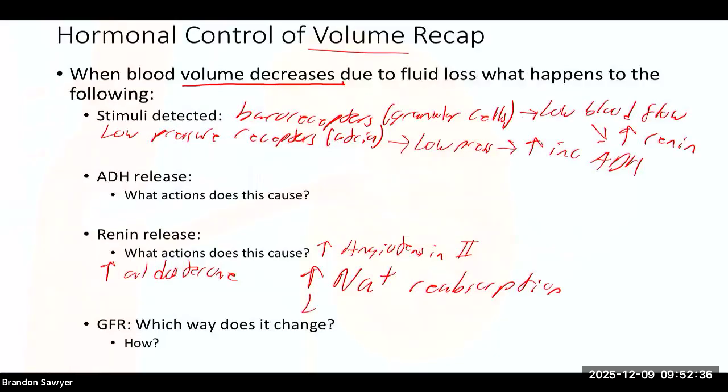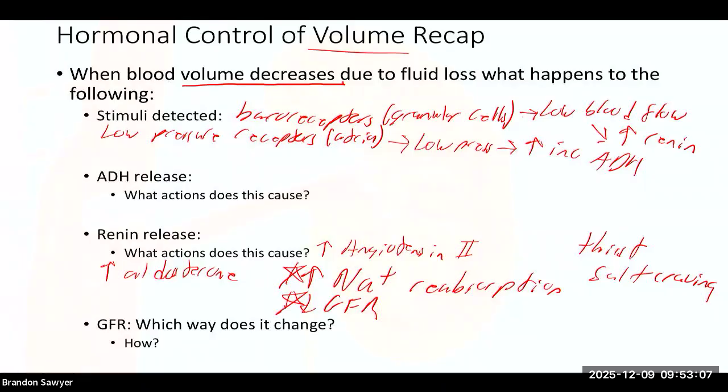We're going to decrease GFR because of this. We're going to cause some thirst and some salt craving. This is going to connect to more ADH release as well, but the big ones here are these guys. And of course, water is going to follow that sodium.